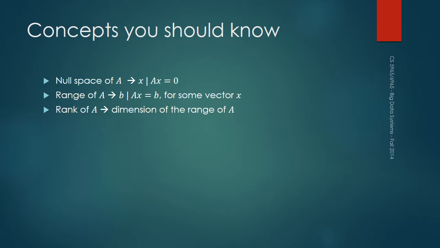There are two separate issues: one is the range and the other is the null space. So in the null space case, where is this going to be 0? xy equal to 0. Oh, okay.